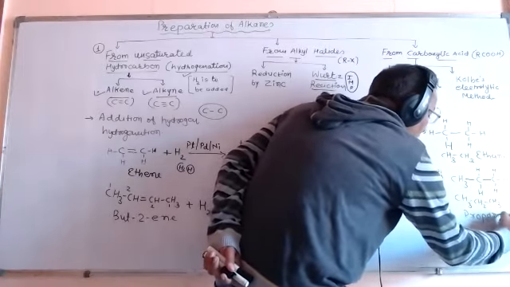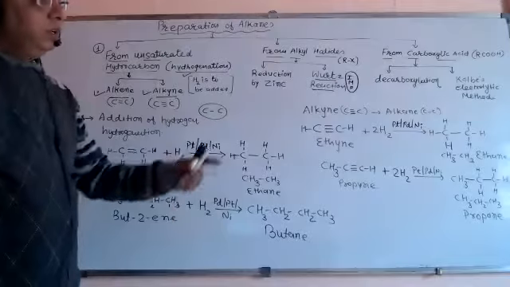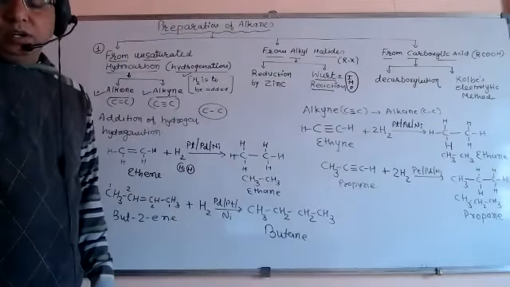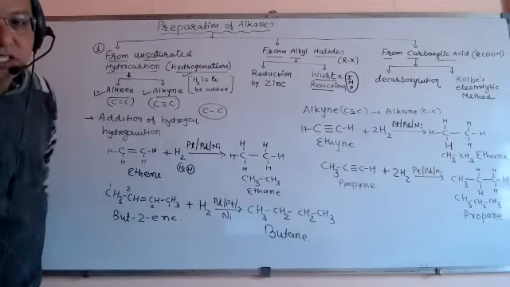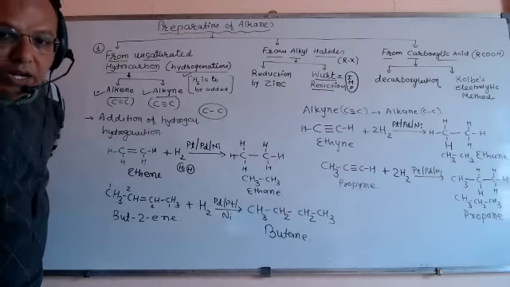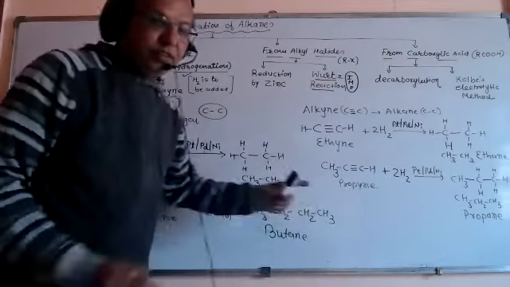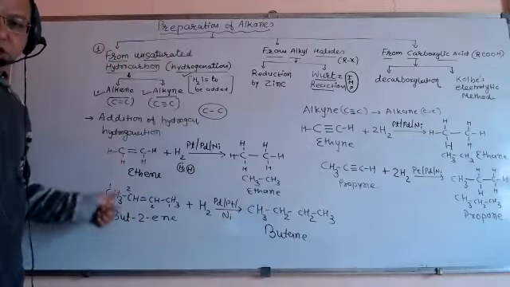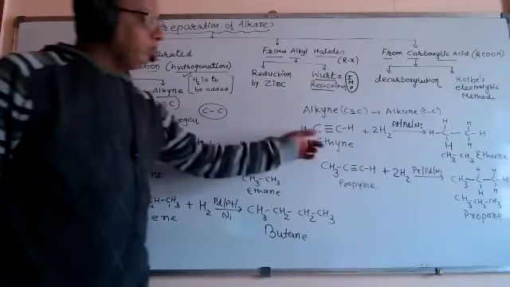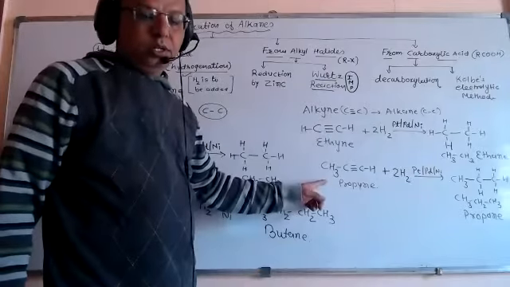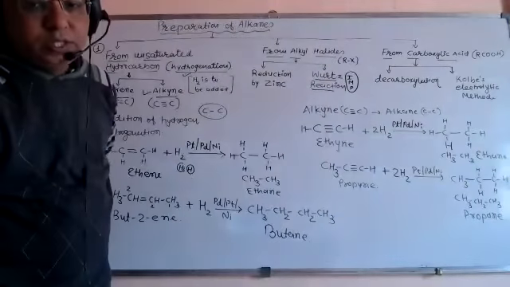It is called propane because 3 carbons are there and these 3 carbons are all with single bonds. So by this method, friends, we can obtain alkane from alkene or alkyne. Once again, this is unsaturated because the number of bonds is more than one. This is unsaturated and this is saturated. Saturated means only single bonds.